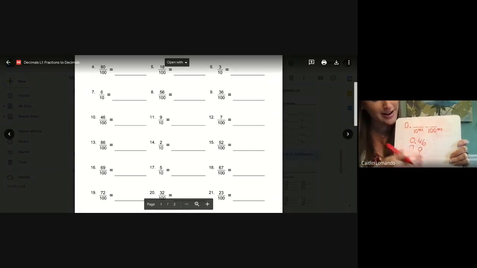All right, let's look at our next 3 examples. 13, 14, and 15. We have 86/100ths, 2/10ths, and 52/100ths. Let's pause and write these 3 as a decimal.